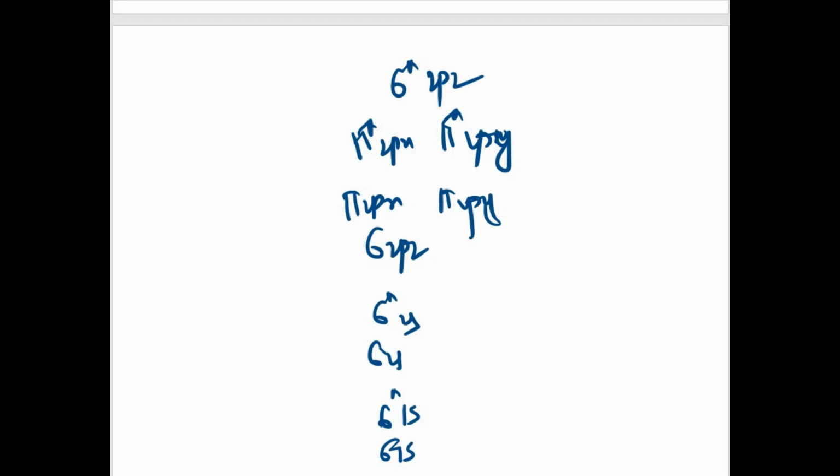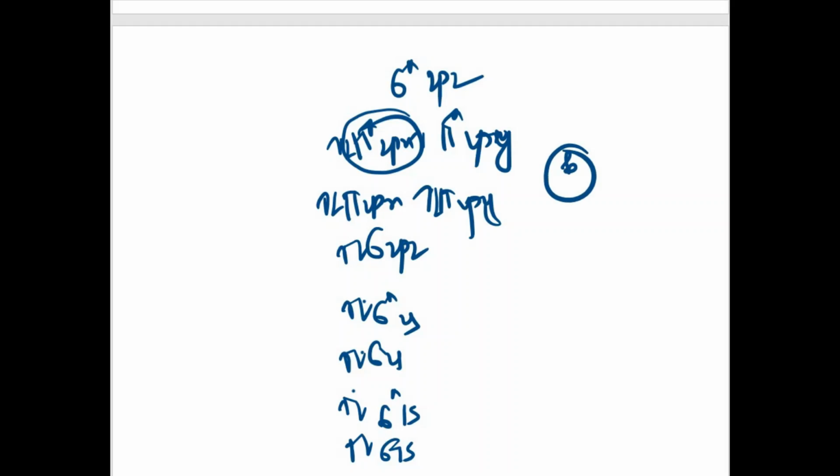So O2 minus meaning 17 electrons, 2, 4, 6, 8, 10, 12, 14, 15, 16, and 17. So the incoming electron goes into pi star 2px. So your option would be B.